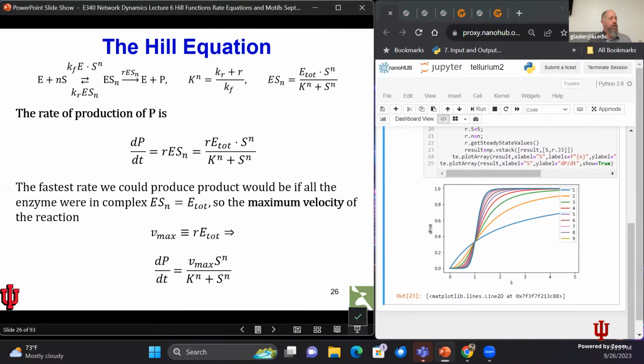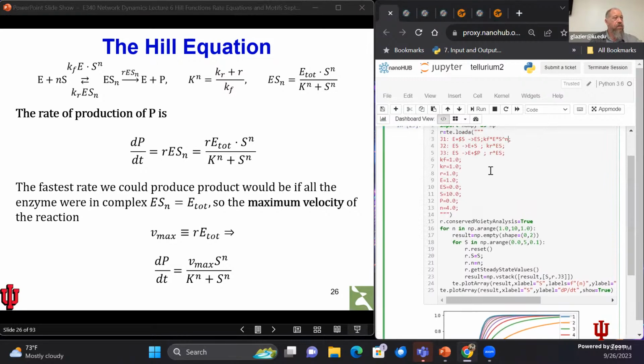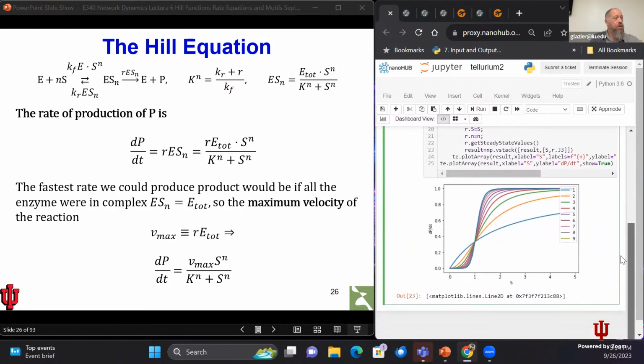The rate of production is R times E total times S to the N over K to the N plus S to the N, where K to the N is given by K reverse plus R divided by KF. Let's look at what that is. K reverse is 1, R is 1, KF is 1, so this should be 2. So K should be 2.